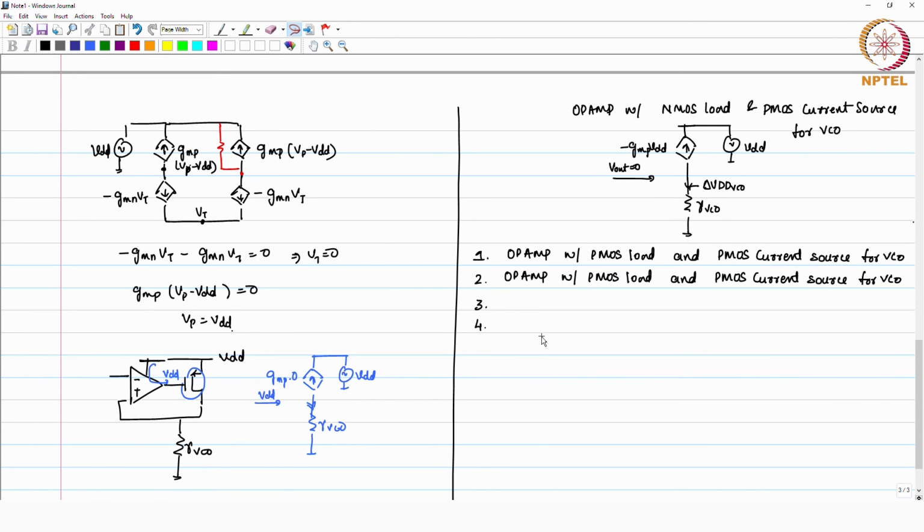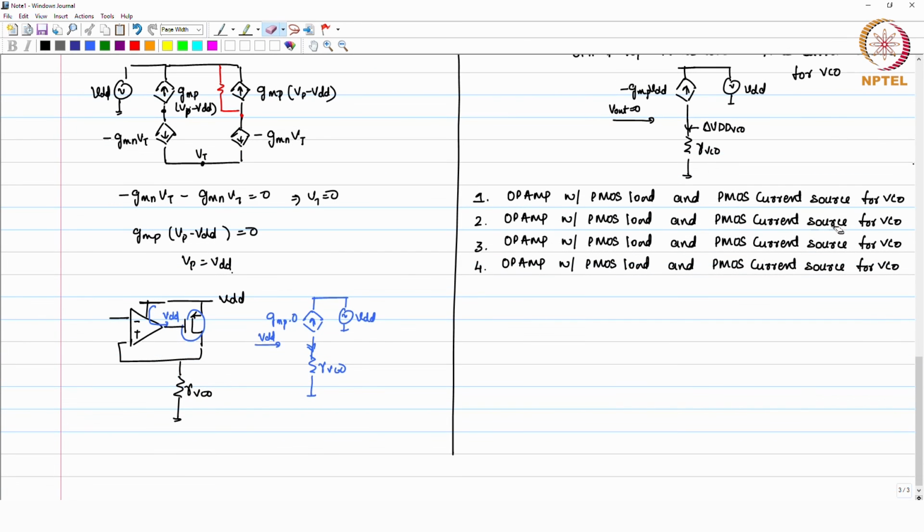So, I will just list all of them. With Pmos load and Nmos current source, and then I will have here Nmos load and Nmos current source. This is the one which works good because you have Pmos load and Pmos current source.